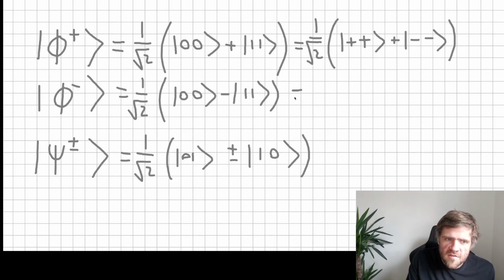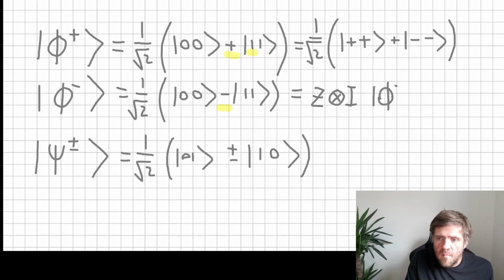The phi minus state can be obtained from the phi plus state by just flipping the sign from plus to minus on either of these ones, which is done by the Z gate on either qubit. So for example, let's do that qubit. So phi minus state.